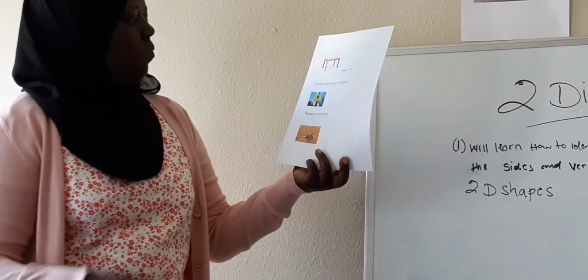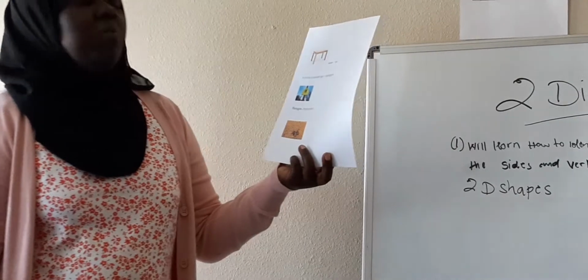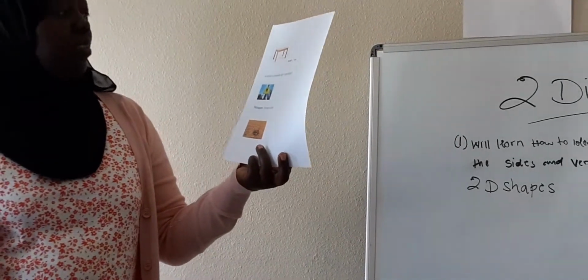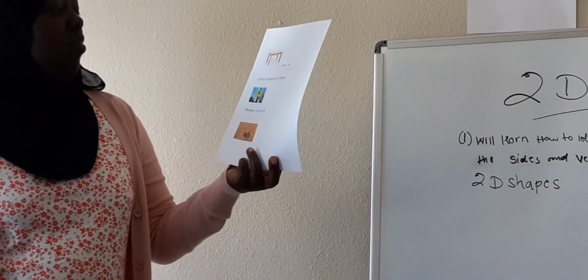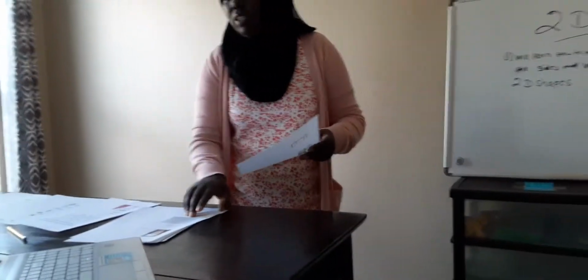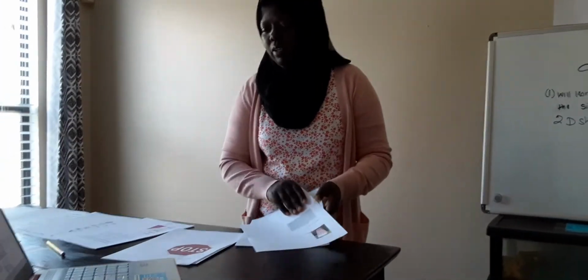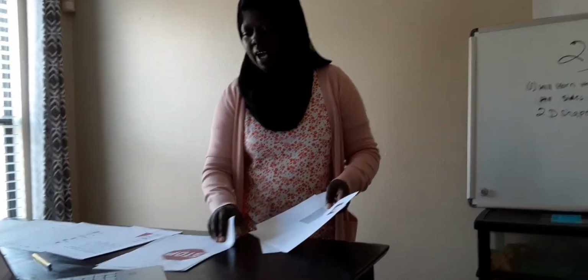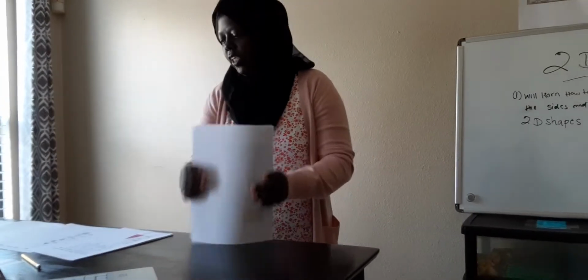You'll be like, octagon. This could be a good example of a pentagon. So this is how we discover different shapes in the different life experiences that we are in.